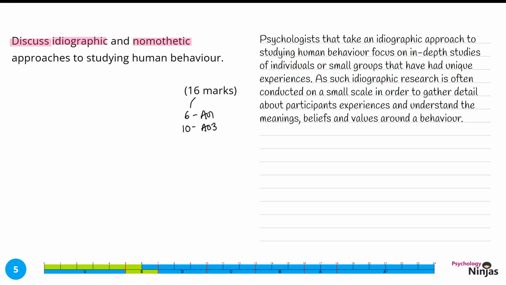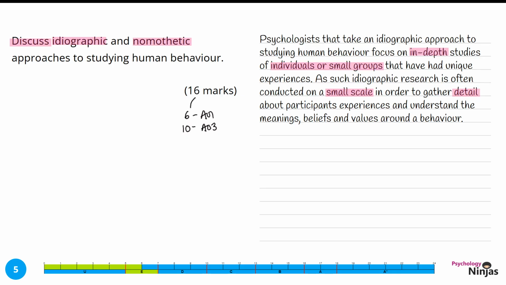We've given a really detailed outline of the idiographic approach here, showing our understanding of this way of studying behaviour. We've focused on it being in-depth, and we've identified that not only individuals are studied using idiographic approaches, but also small groups with the same experience. We've identified that this is on a small scale to gather rich, detailed information.